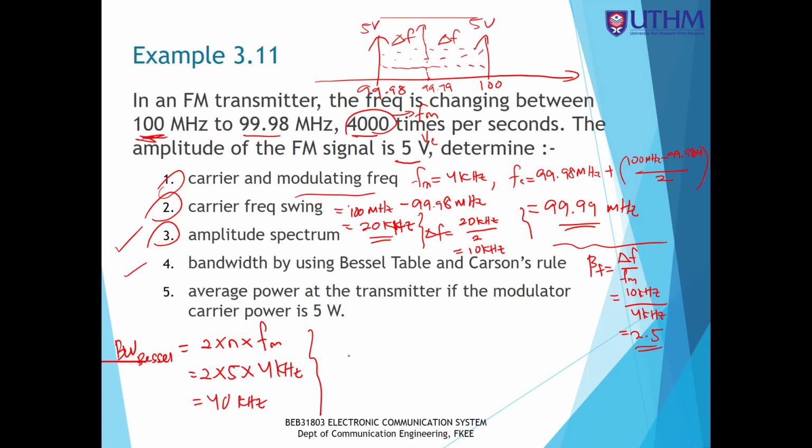And then bandwidth by Carson is 2 times delta F plus Fm. So this is equal to 2 times delta F 10 plus 4 kilohertz, so 14 times 2, which is 28 kilohertz.